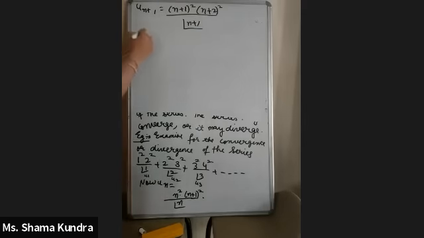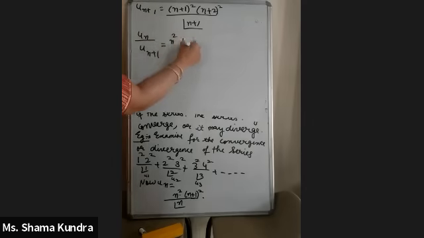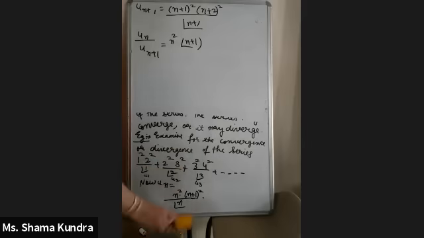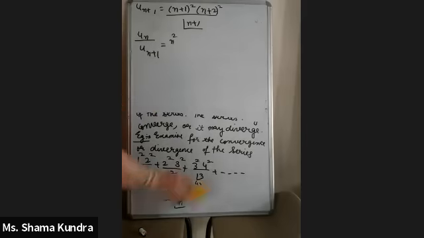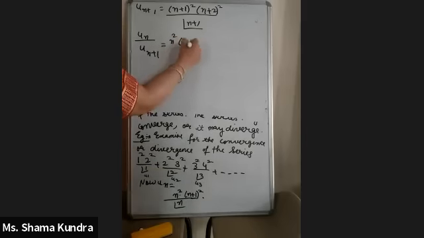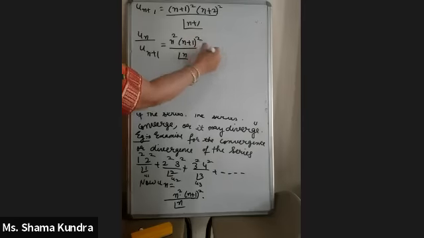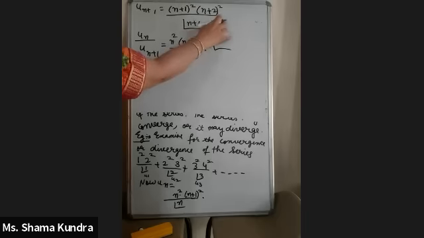Next step is to find un upon un plus 1. What will we get? n square, factorial n plus 1, n plus 1 whole square. This will get reciprocal.